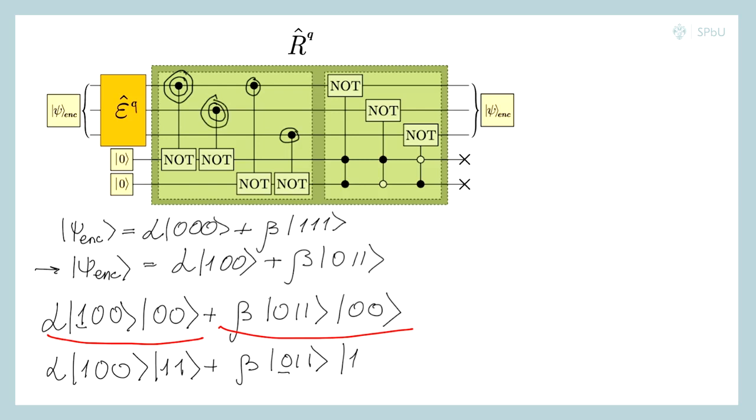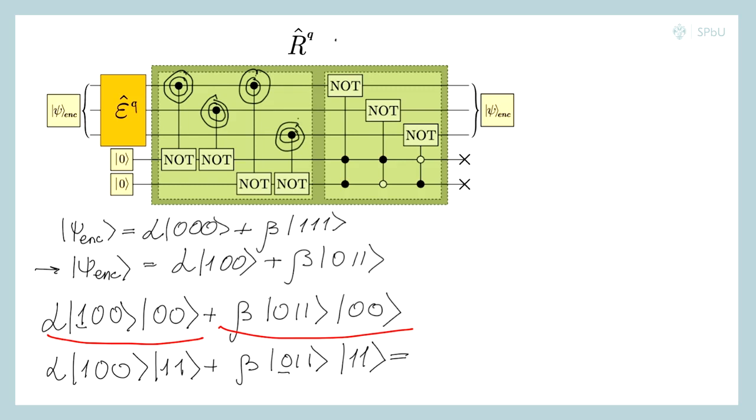The third CNOT will also do nothing because the first qubit was in the 0 state in this term of the superposition. And the last CNOT element will perform the flip on the second of the ancilla qubits.